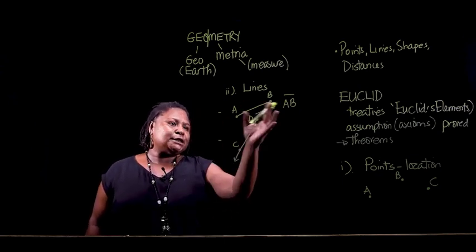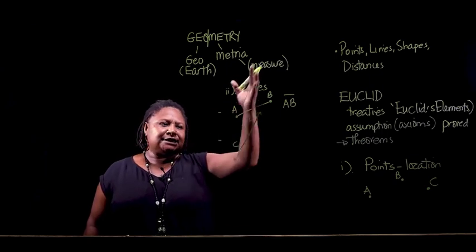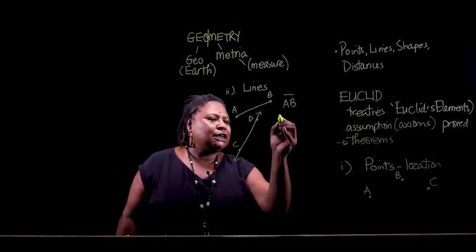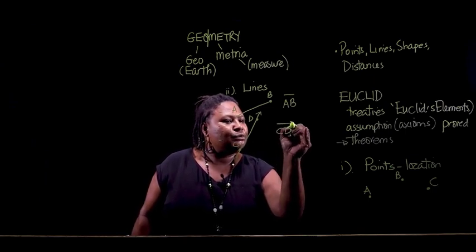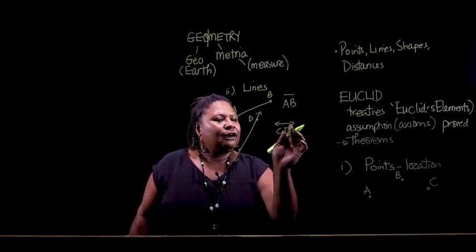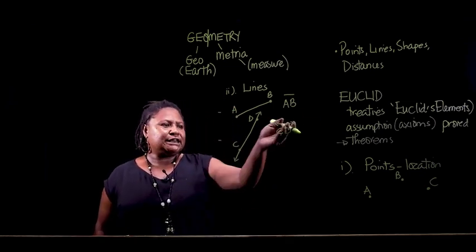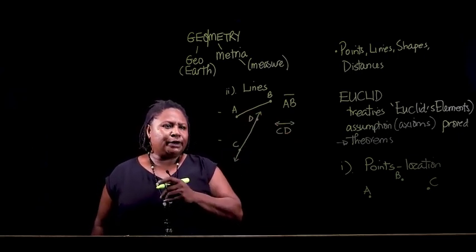This tells me that there are no endpoints. D extends into infinity and C extends into infinity. So we write this as line CD with a line with 2 arrowheads on top.